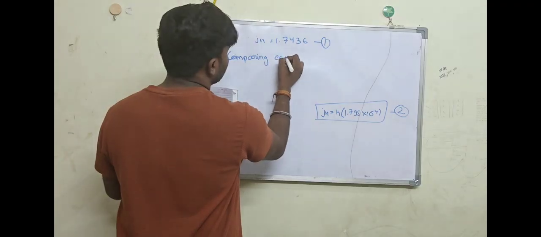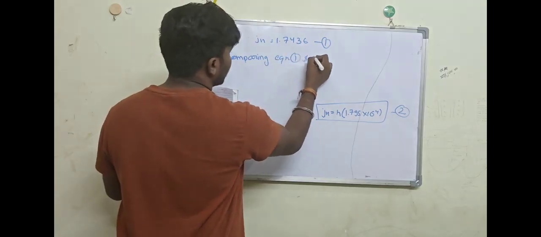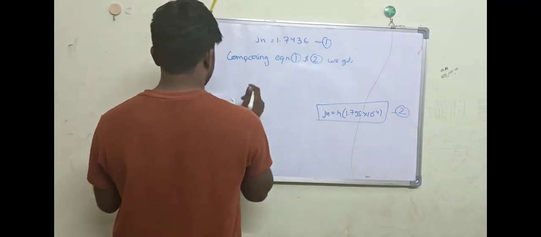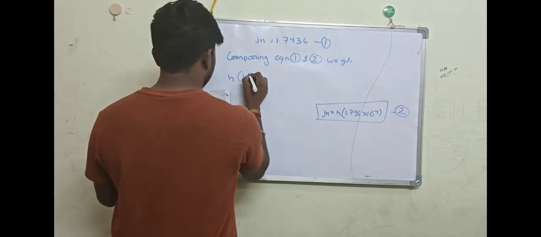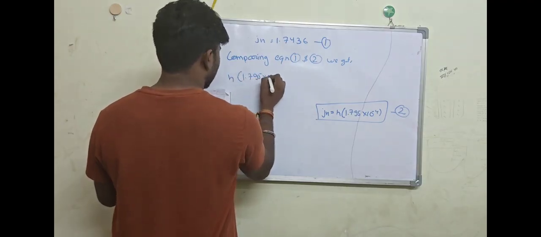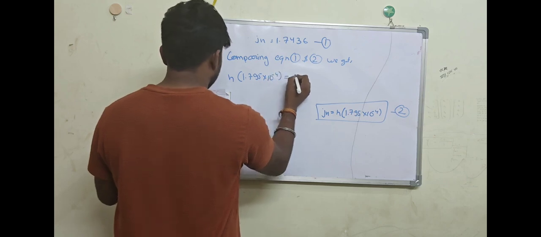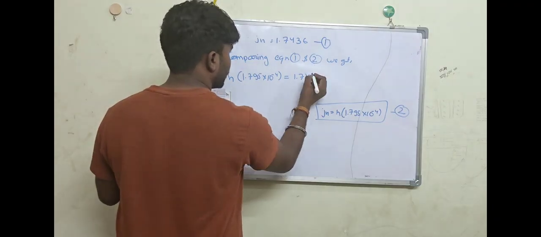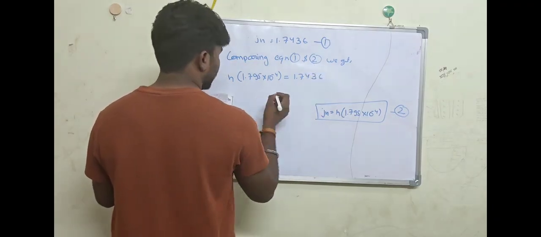Comparing equation 1 and 2, we get H into 1.795 into 10 to the power minus 4 equals 1.7436.